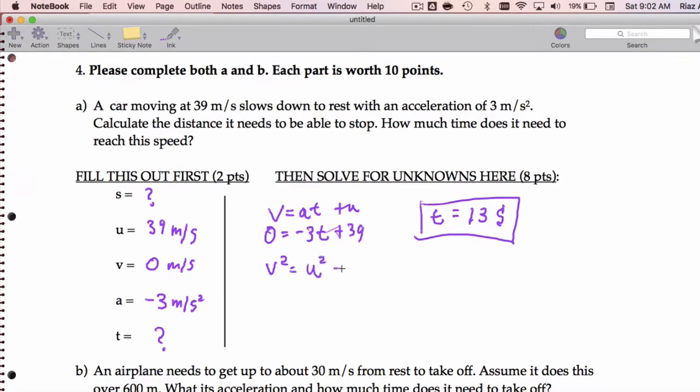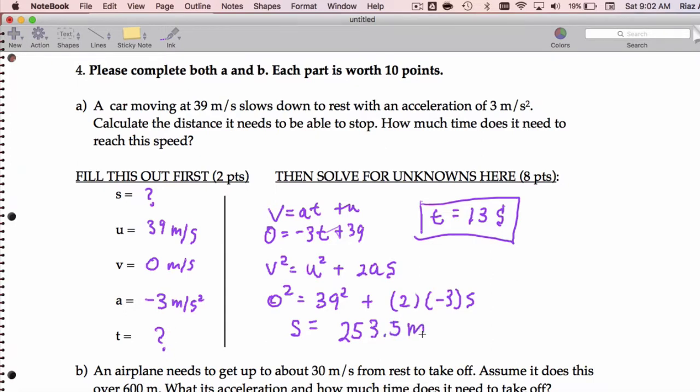So 0 squared is 39 squared plus 2 times -3 times S. And when we actually end up isolating S, I'm getting 253.5 meters. All right, so that takes care of that part.